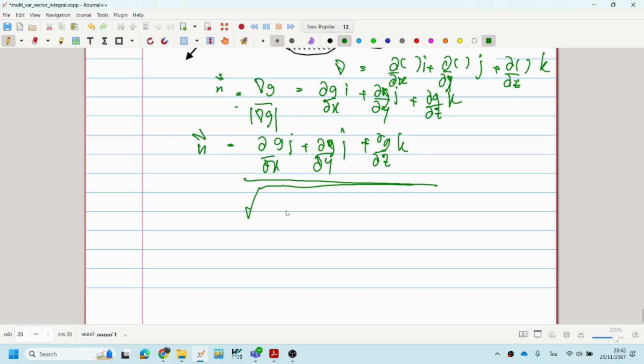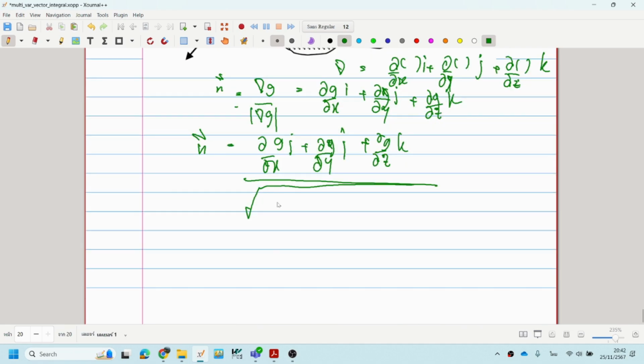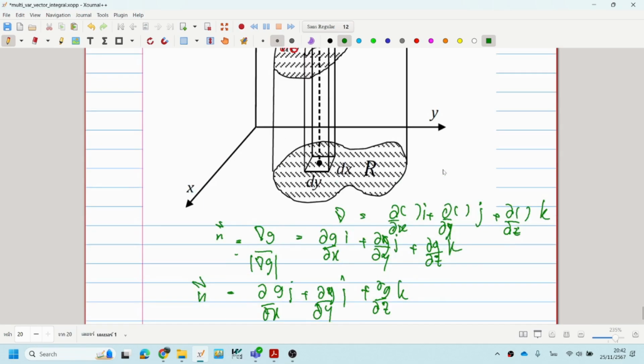The n vector equals del G over the square root of (∂G/∂x) squared plus (∂G/∂y) squared plus (∂G/∂z) squared. This is the formula of the unit vector.